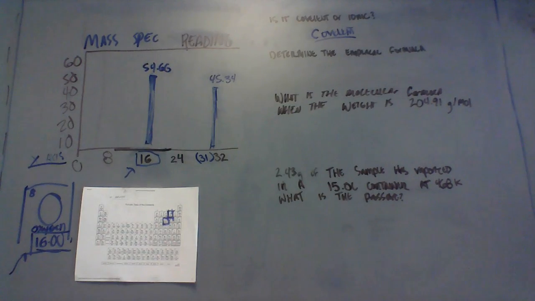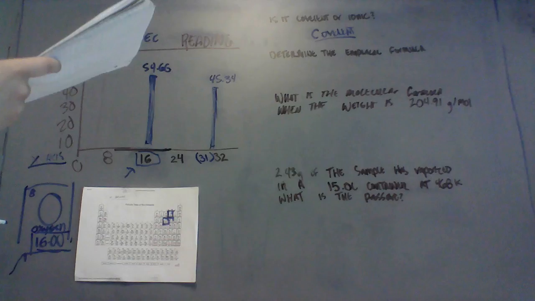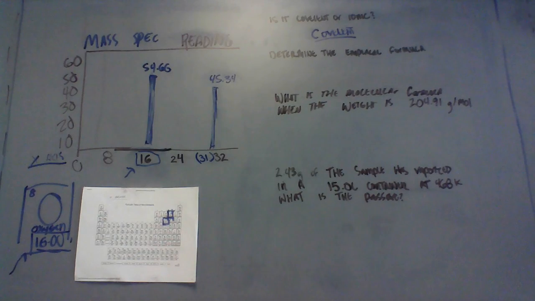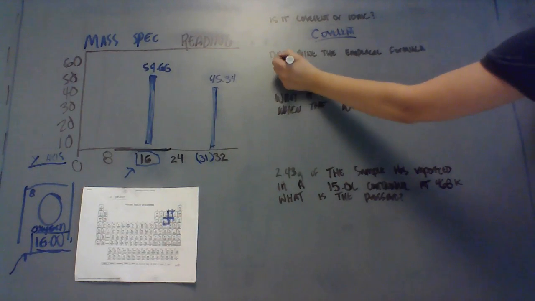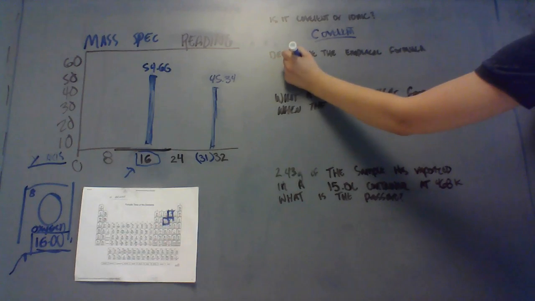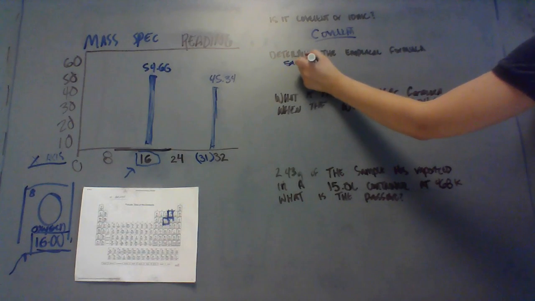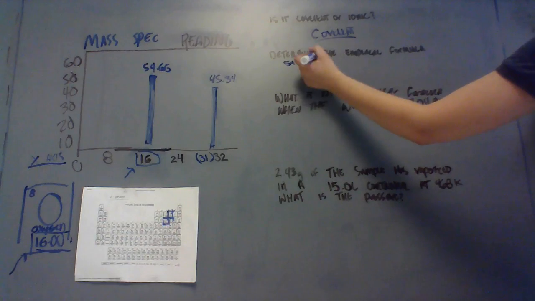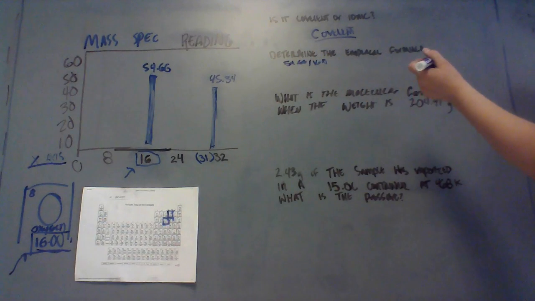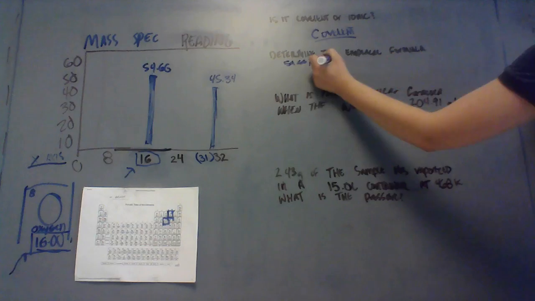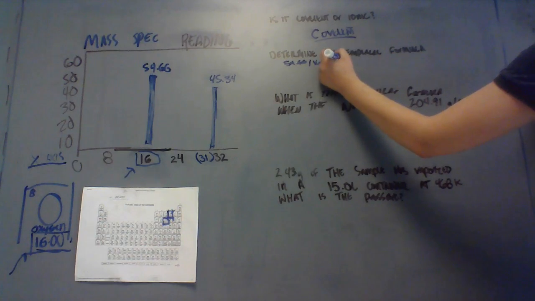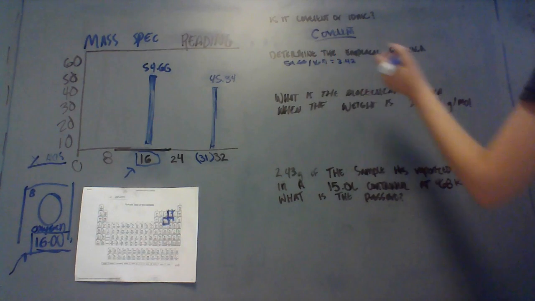To get an empirical formula, we need to go back to our mass number. We take the number on the mass spec and divide it by the mass number of the element. Let's start with oxygen. 54.66 divided by 16.0 is equal to 3.42.